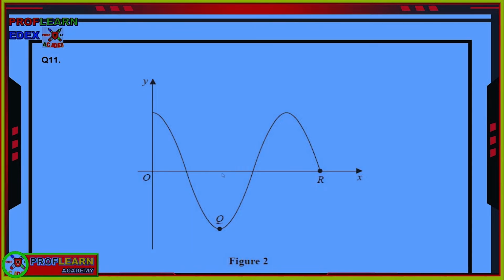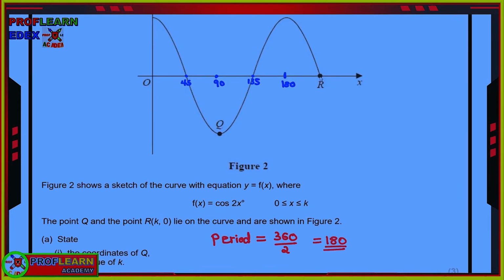So the first quarter of a complete cycle would be at this particular point. We have 45 here, we shall have 90 here, then we shall have 135 at this point. So we have our period as 180. A period is how many degrees it takes to make a complete cycle.